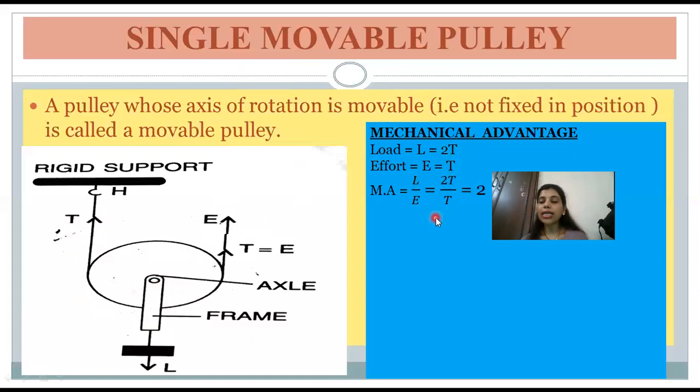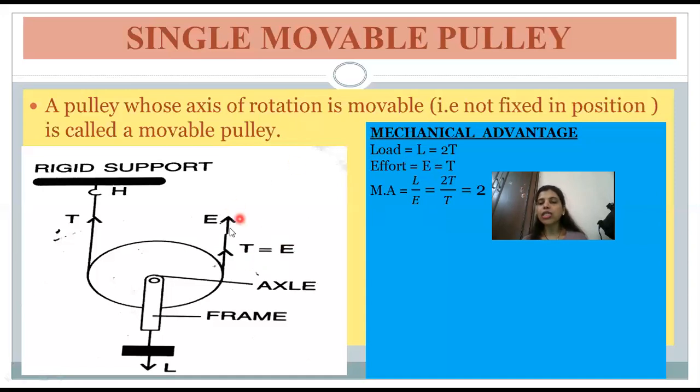That's why, in the last video which I had sent, when I was talking about the uses of simple machines, in one of the slides I had shown the pulley on the well, and I had said that it is acting as a force multiplier as well. There I was talking about the single movable pulley.